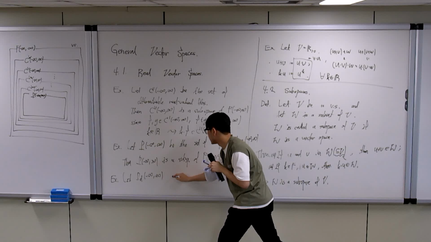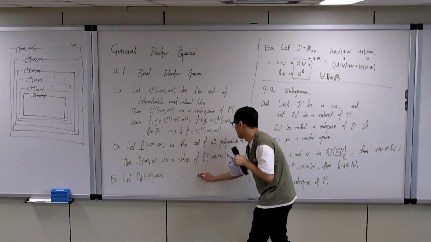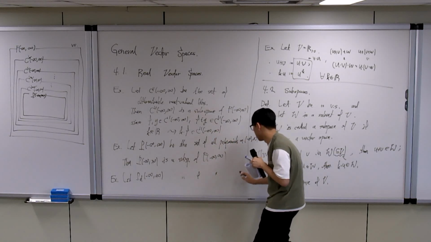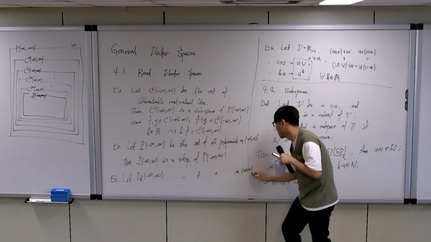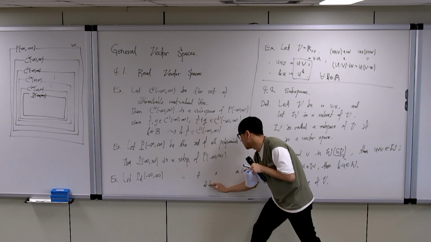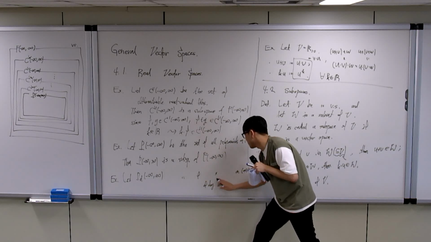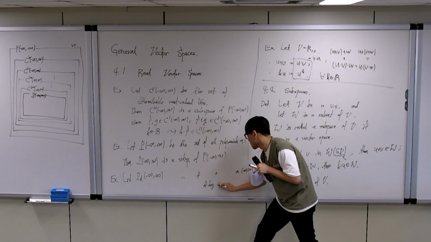the set of polynomials on minus infinity to infinity of degree less than or equal to d.